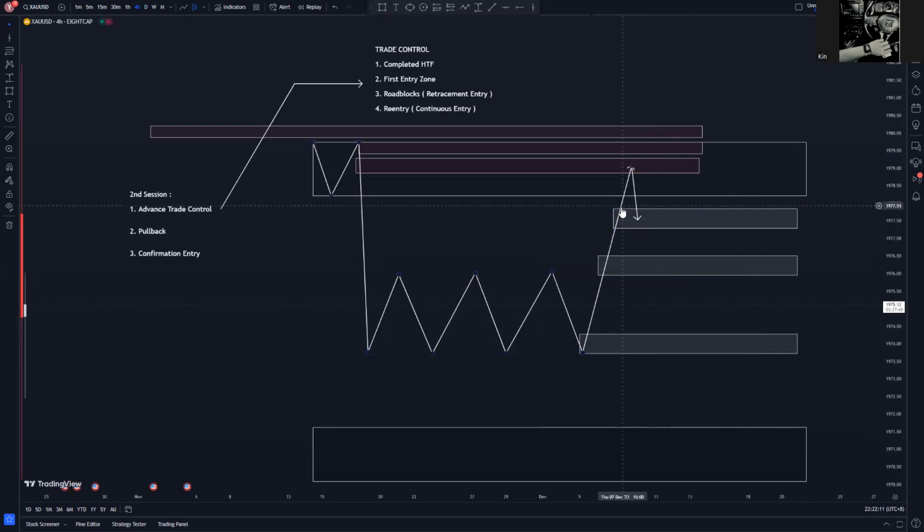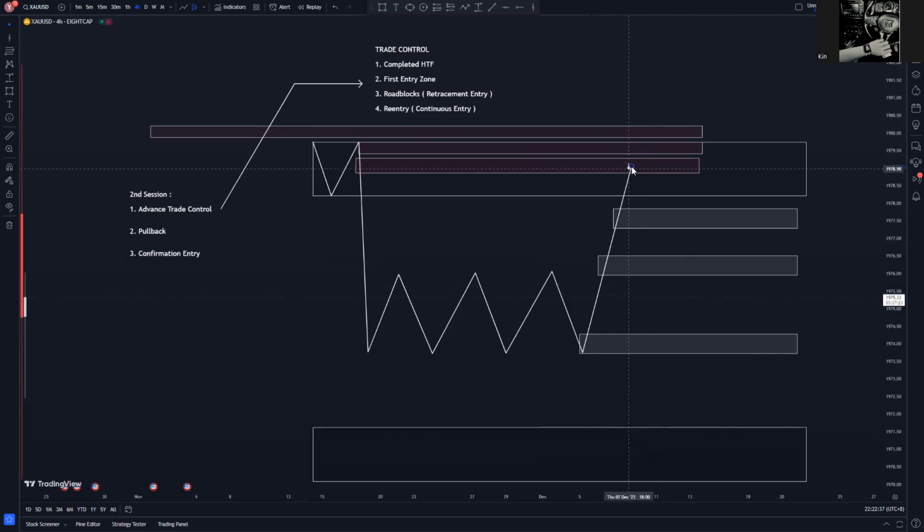For example, the price gets into the sell zone and creates the confirmation entry, and then the price goes down. After that, the price didn't manage to create an engulfing sell, which means the price didn't manage to create our TC. What will happen? Two things could happen. The first one, the price goes down like this, maybe.